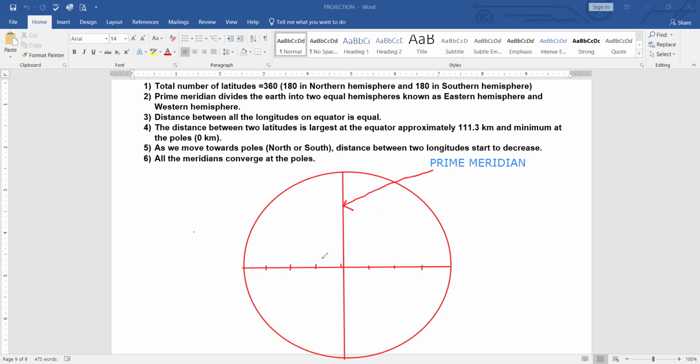Now let's start making our longitudes. Again you have to make them freehand. Use your pencil and join here with the North Pole. Try to make it curved, exactly the way we have the curved side of our earth. See here.